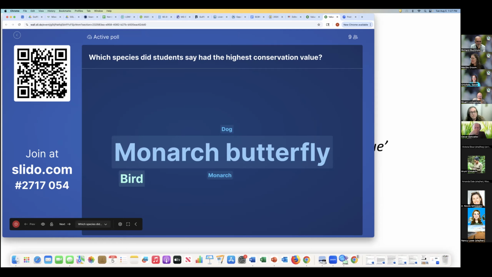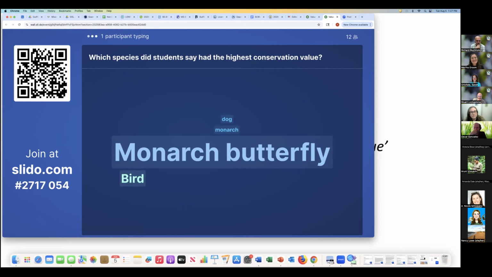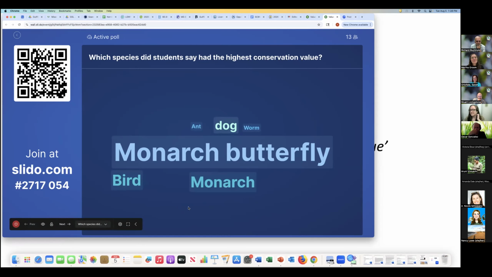Dog. Dog's getting bigger, bird's getting bigger. Remember, there's a fish, there's a nematode, there's a Hawaiian silver sword. Nobody thought mulefoot hog. Oh, ant. All right. Got some ant lovers.